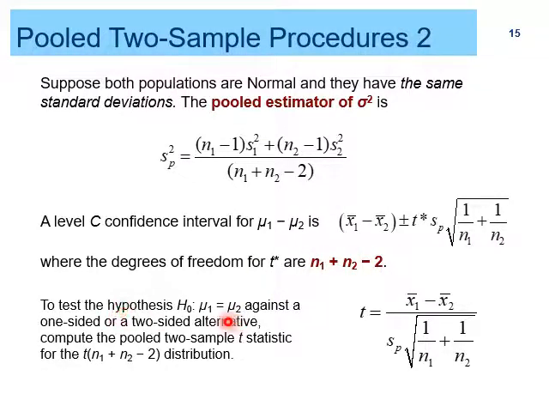To test the hypothesis, we use mu1 equal to mu2 against one-sided or two-sided alternatives. Compute the pooled two sample t statistic for the t distribution with n1 plus n2 minus 2 degrees of freedom, and this t is equal to x1 bar minus x2 bar divided by s p times the square root of 1 by n1 plus 1 by n2.